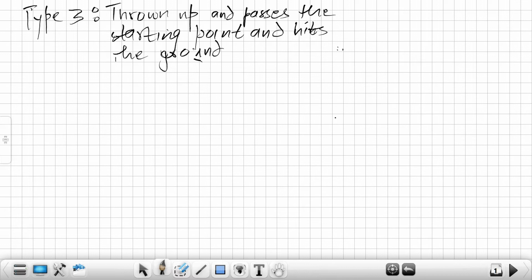So it's thrown vertically up, passes the starting point, and eventually it hits the ground.